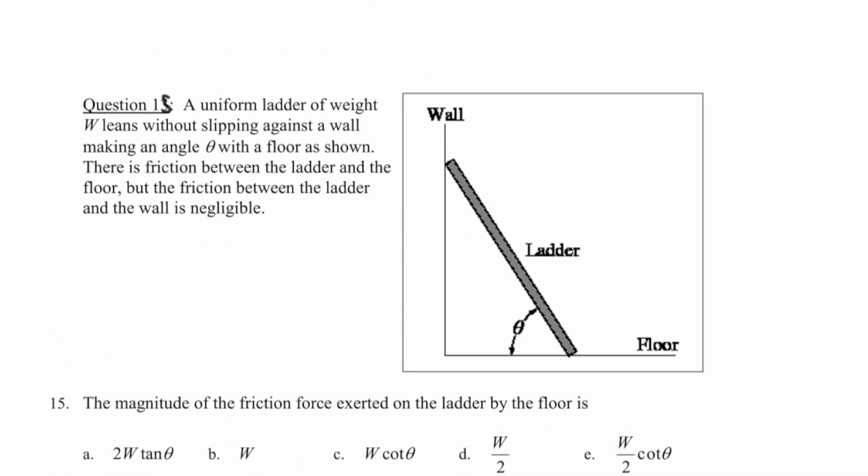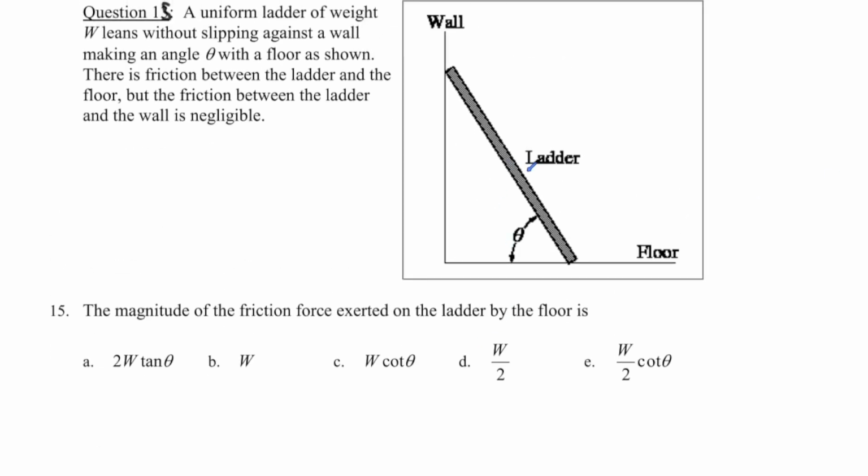Okay, well, we're asked about the friction force. So if we just start labeling some things here, the ladder is going to have a weight force right down the middle. And then there's probably some weird contact force going on over there.